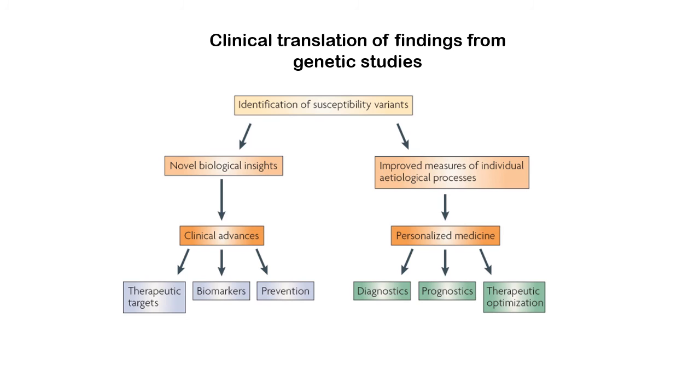However, variants so far identified explain only a small portion of individual variation in disease risk. Consequently, for most individuals, genetic profiling using currently available markers provides only limited information about disease risk.